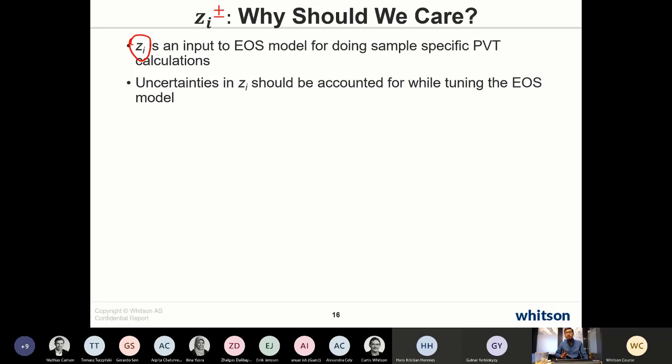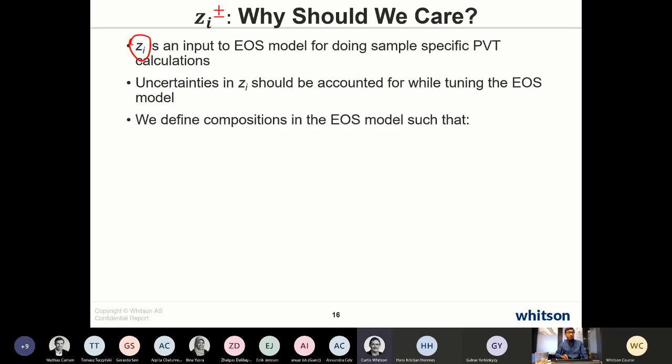There are no uncertainties, and we try to change the EOS parameters to match the PVT data for a given sample. But that's not something we do internally at Whitsun. We account for all these uncertainties that we have talked about while tuning the EOS model, and allow very slight adjustments in the composition while tuning the EOS model.